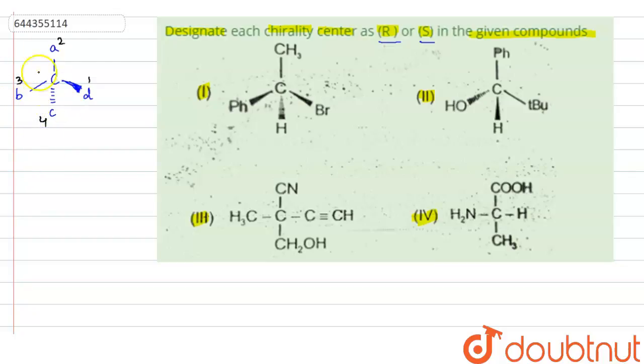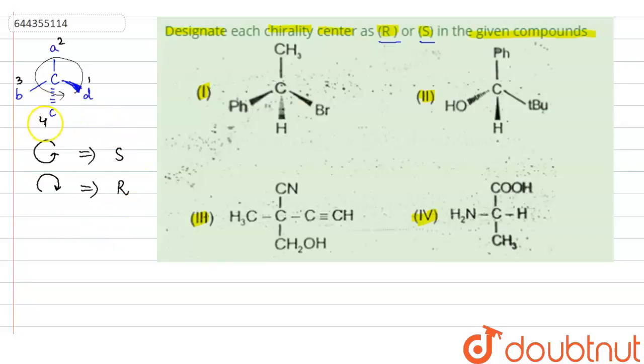Now we will rotate according to number. So according to 1, 2, 3, 4, the rotation will be like this, and this rotation is anti-clockwise. So always remember that whenever the rotation is anti-clockwise like this, the configuration will be S. And whenever rotation is in clockwise direction, then the configuration will be R, right?